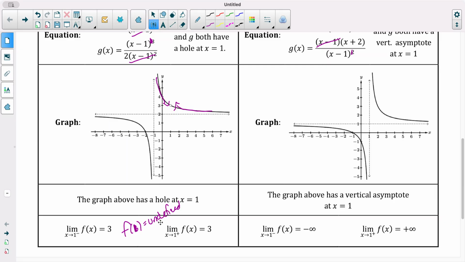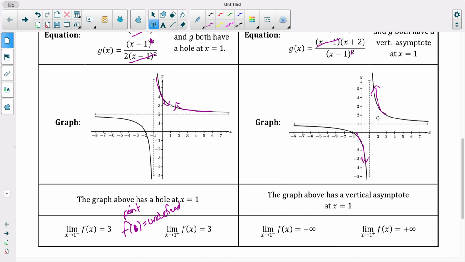If it's a hole, again, that point itself is undefined, but you can have that limit because it is going to be approaching the same number from both sides. That works. Okay, if you have an asymptote, you can tell very specifically it's an asymptote because as the limit goes toward 1 from the left, that's this way, it's going down to negative infinity, and 1 from the right, it's going up toward positive infinity.